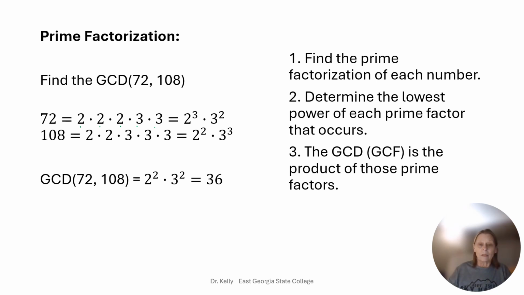This is tricky a little bit because here we're going to be looking for the lowest power of each of the prime factors that occur in either one of these numbers. But when you're looking for the greatest common divisor, and that greatest common divisor is comprised of the lowest power, sometimes students get confused.